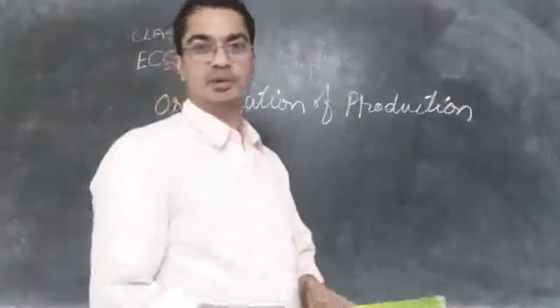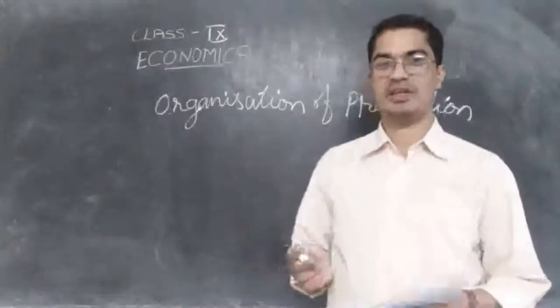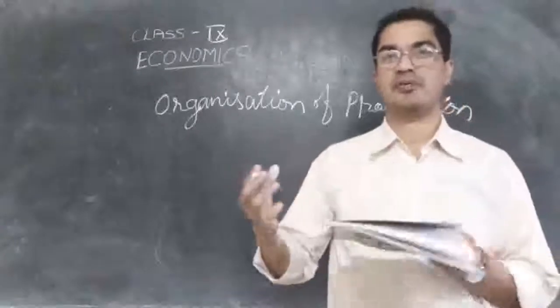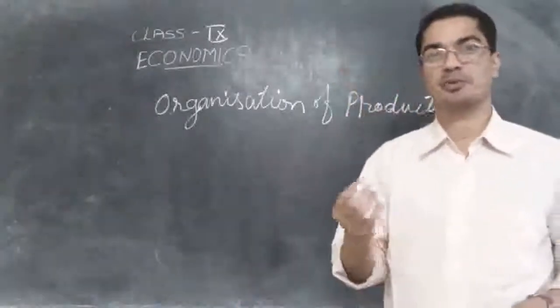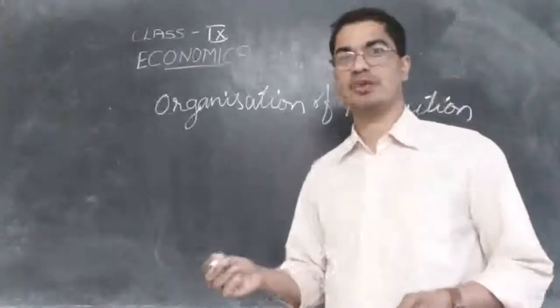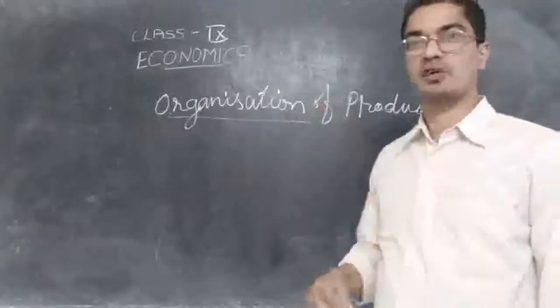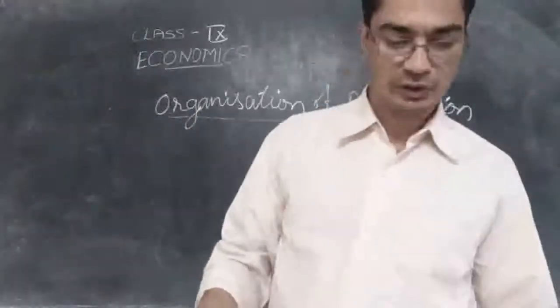So if you want to produce something, we need some other things. We cannot just produce something with our bare hands. From the air we cannot just bring out something. It is not magic, no? So to produce something, we need to organize it. So for that organization we need certain factors. That is what we are going to study.